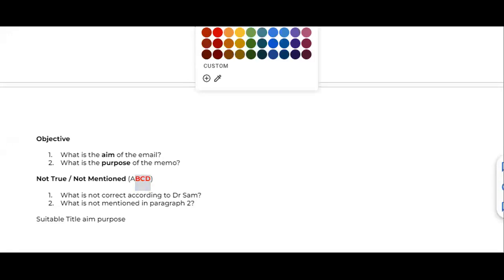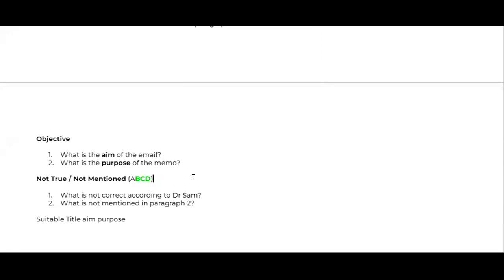You have to eliminate the correct ones. This is very interesting. Usually we eliminate the incorrect answers, right? But in this kind of question, please remember, you have to eliminate the correct answers. So this is known as the not true type of question.